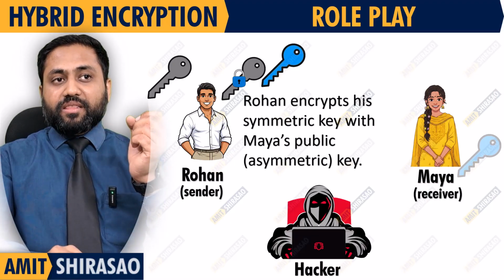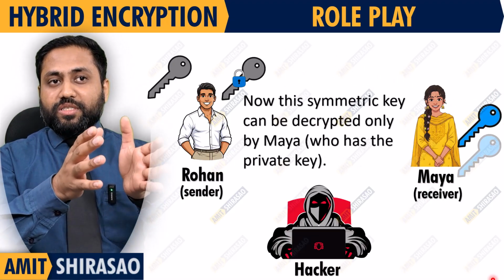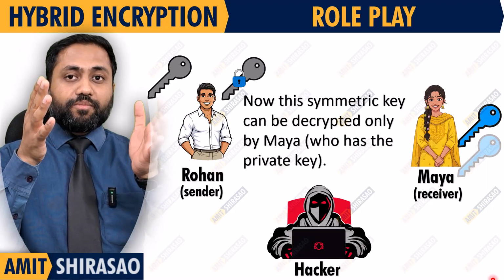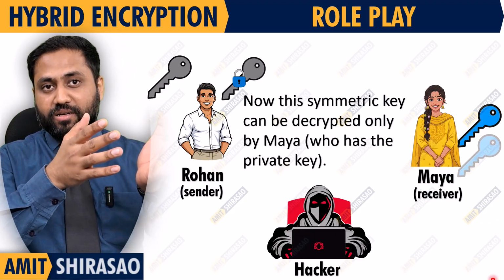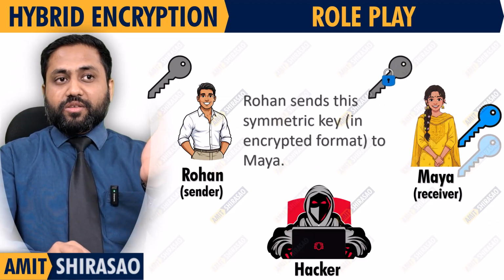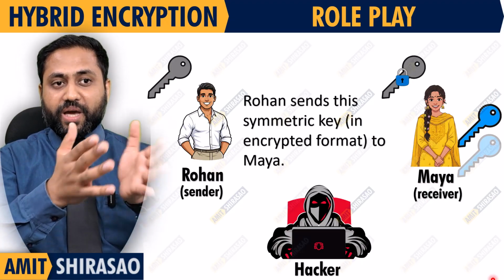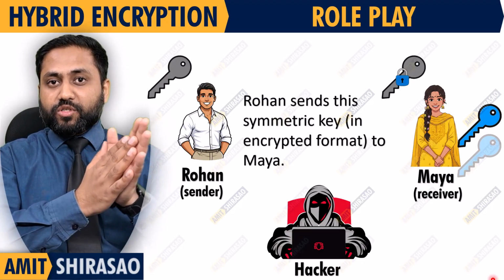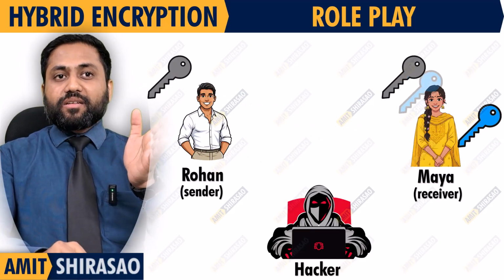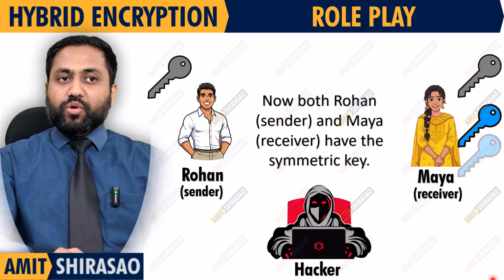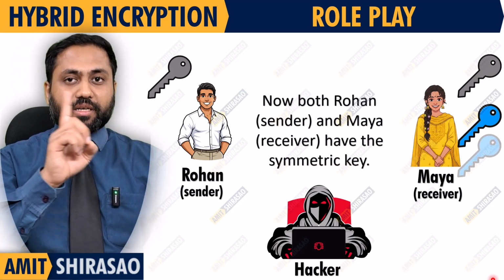Now this symmetric key can only be decrypted by Maya, because only Maya has the private key which can decrypt it. So during the transit, it is in the encrypted format, so a hacker cannot do anything to it, and Maya can very easily decrypt it using her private key. Now Rohan as well as Maya have the symmetric key.